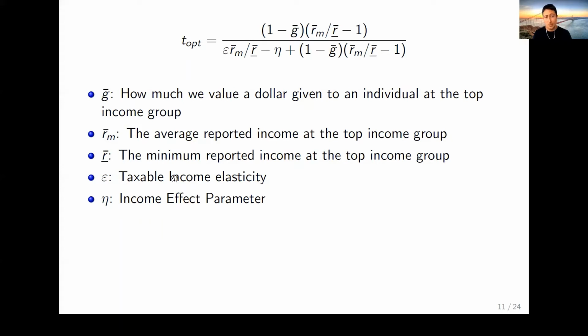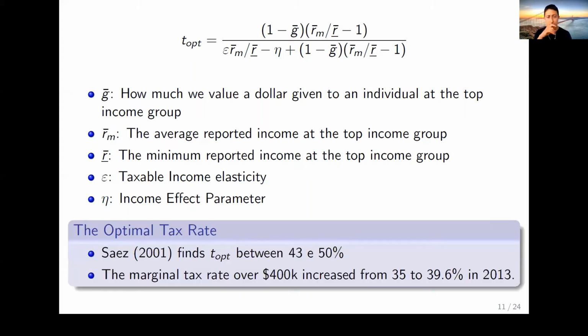The fourth parameter is the taxable income elasticity, which we just saw from the previous graph, around 0.5. And the last parameter is what we call the income effect parameter. I don't want to get into the details, but if you've taken the basic microeconomics course, whereas the taxable income elasticity gets at the substitution effect, the income effect parameter gets at the income effect.